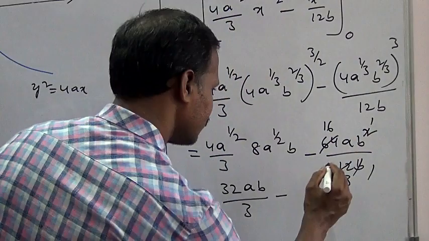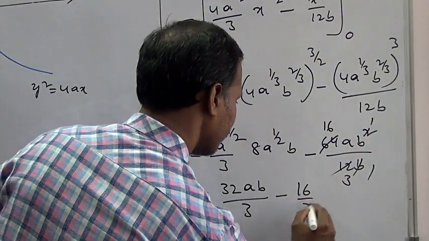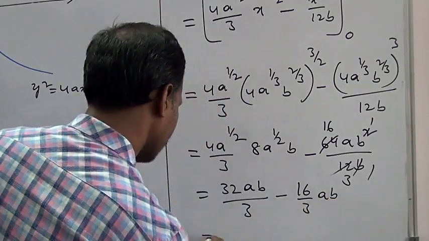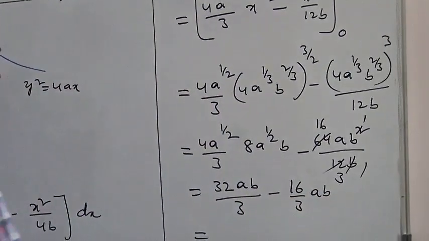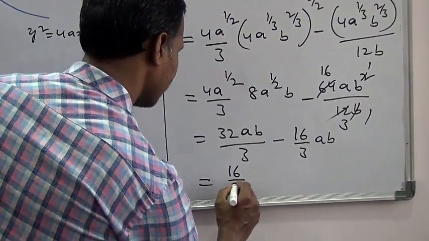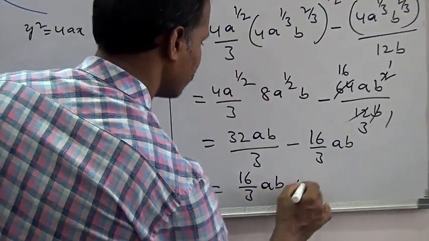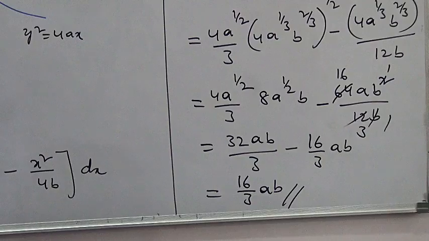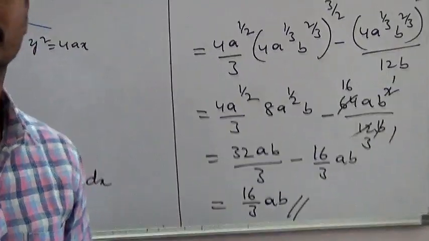Clear? Now this is 32 by 3 ab minus 16 by 3 ab, which is 16 by 3 ab. So this is the required area, 16 by 3 ab. Clear?